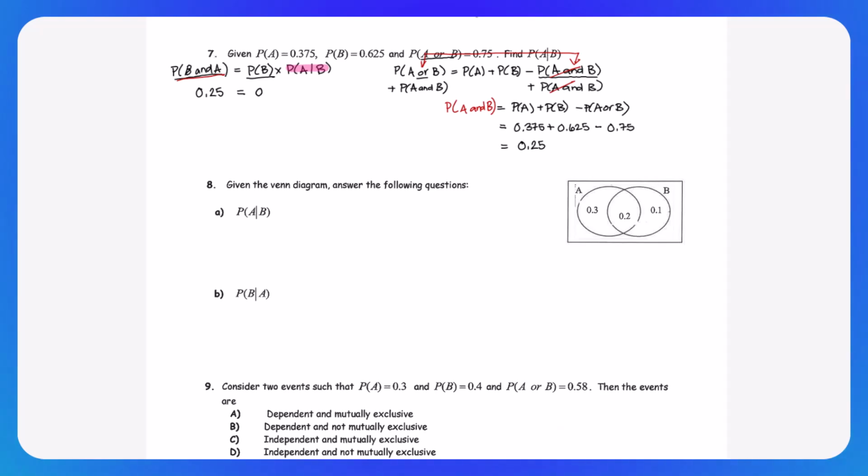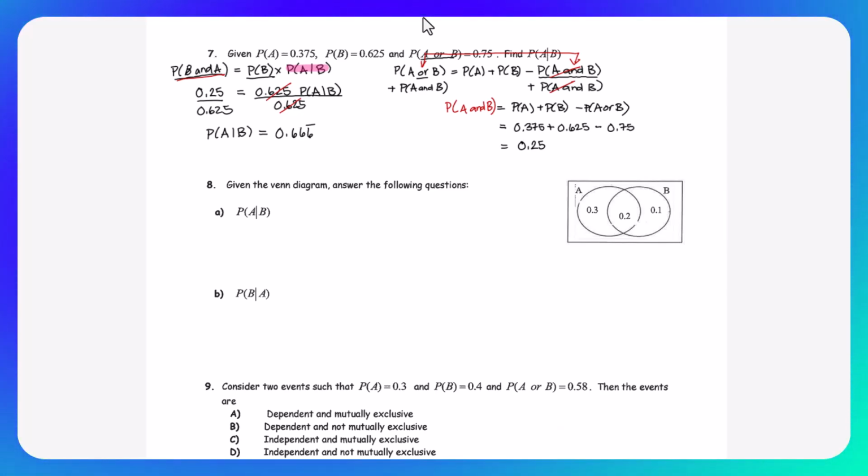The probability of B is 0.625 times the probability of A given B. And now we're going to divide both sides by 0.625. That means I got some canceling going on over here, so that the probability of A given B equals, putting that into the calculator, a repeating decimal, 0.666 repeating.